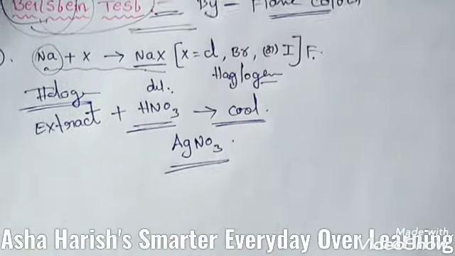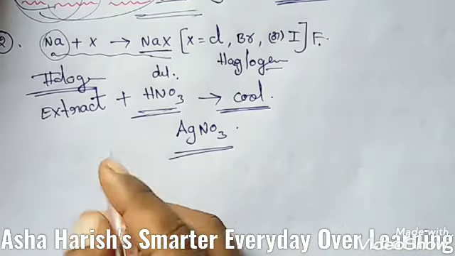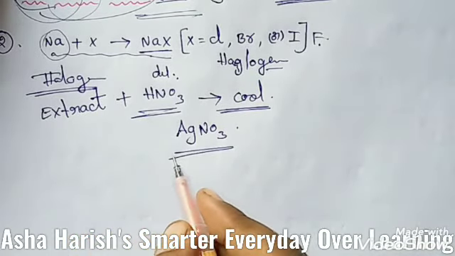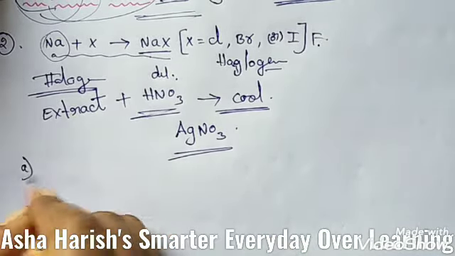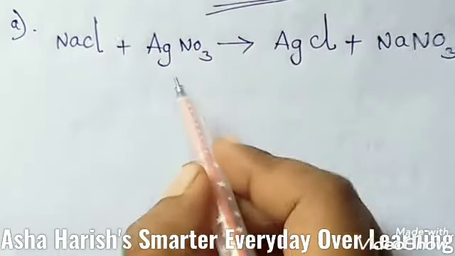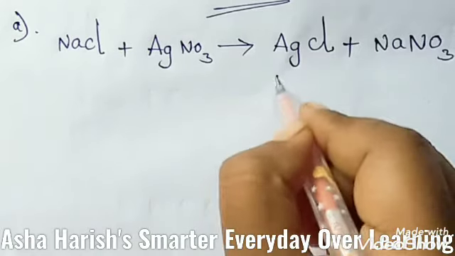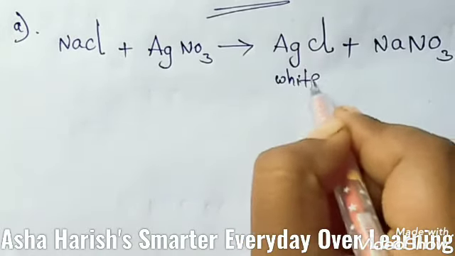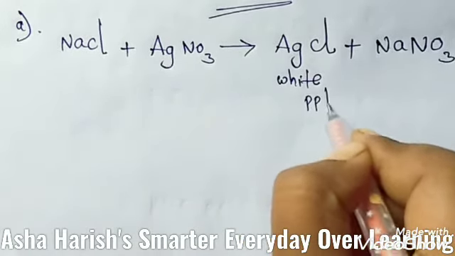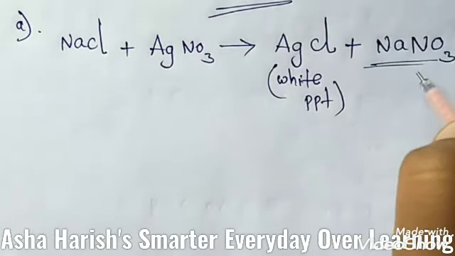Okay, then students, you observe a white precipitate soluble in ammonia. Let's see, when NaCl reacts with AgNO3, silver nitrate, then AgCl, silver chloride, is formed in the form of a white precipitate, and sodium nitrate also will be formed.